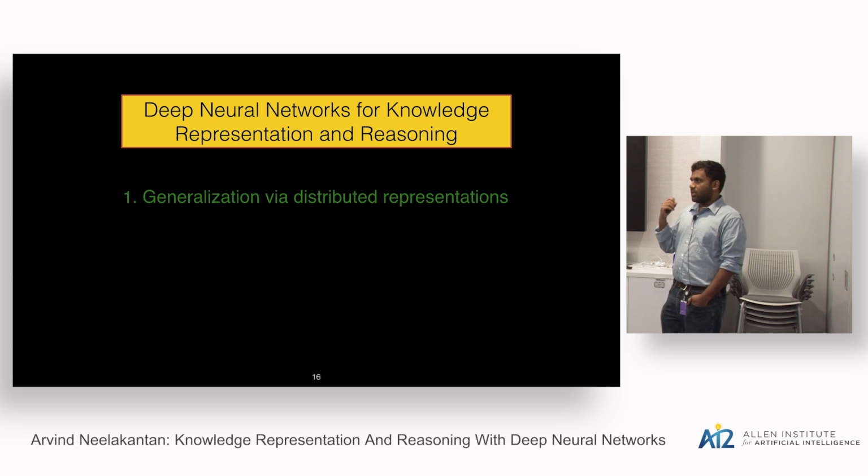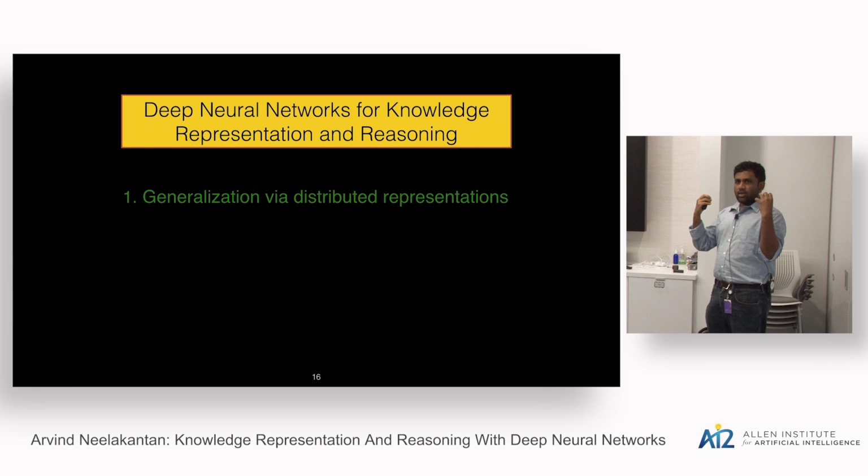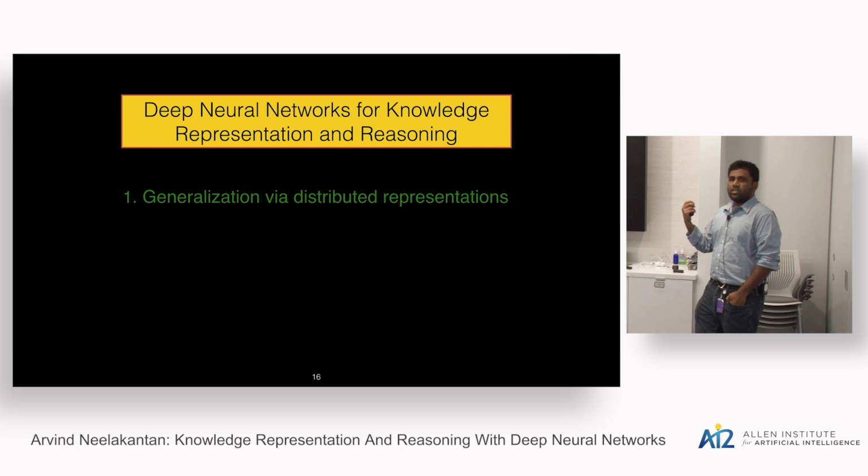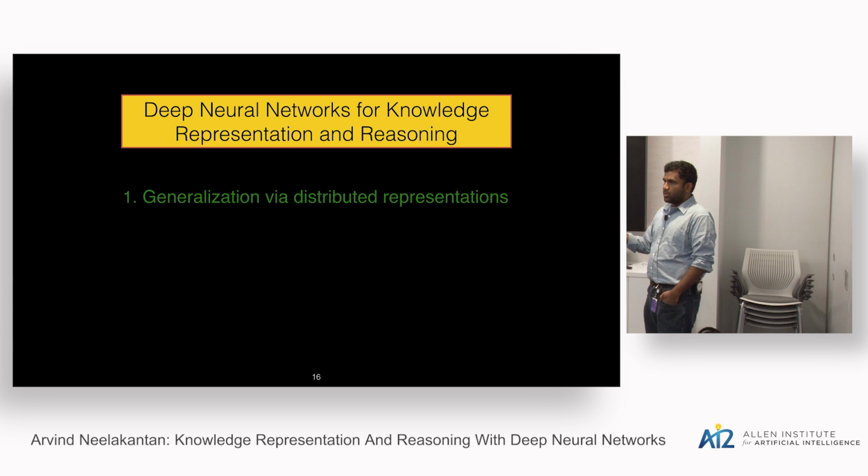The first one is, the moment you start representing symbols with distributed representations, there's natural sharing of information between these symbols, which means that you can generalize to a large number of symbols. So think about using word2vec vectors compared to using bag of words representation, right?